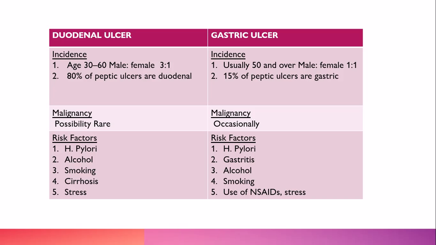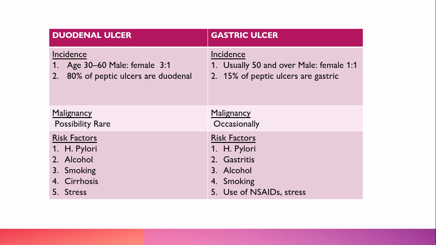Now, in gastric ulcer, we can see the incidence. Usually at 50 or after 50 years of age the person gets gastric ulcer, and both male and female can get it. The chances are equal for both, and it is 15%. Only 15% of peptic ulcers are gastric, so it is less.